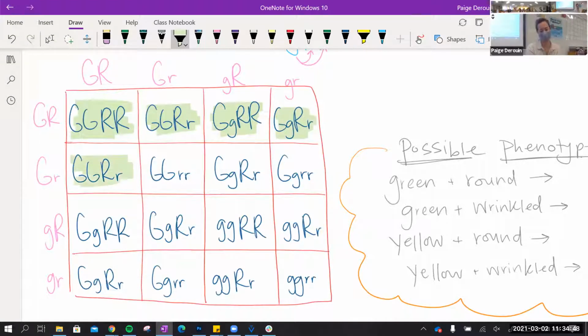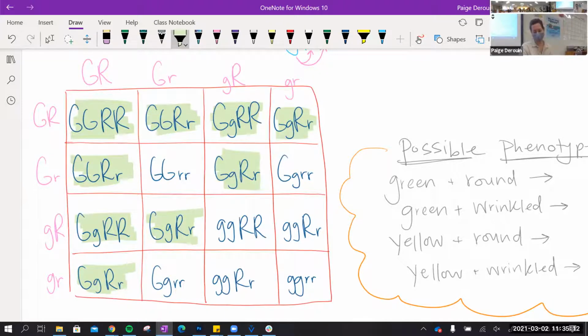This one doesn't because it has two small R's. This one does. This one does. This one does. And this one does. And that's it, because the rest of them have at least something that has two small letters.